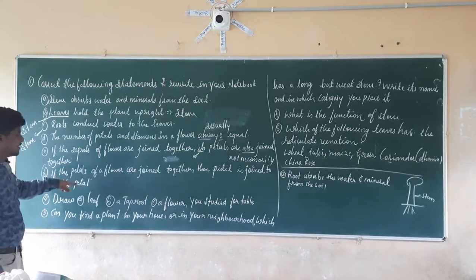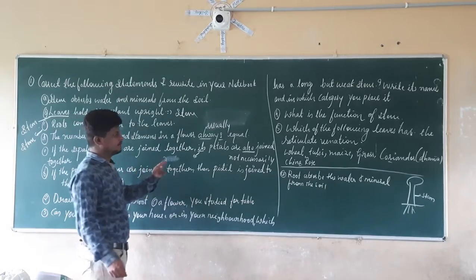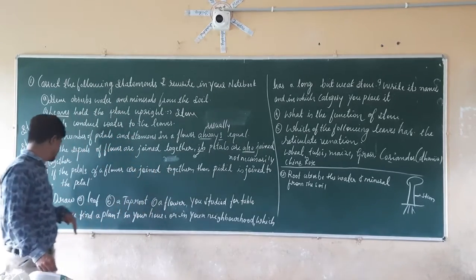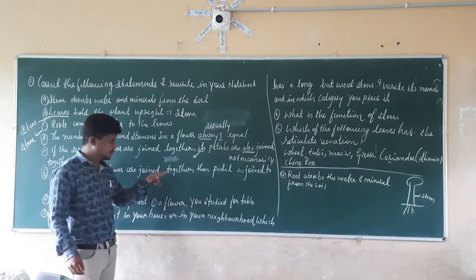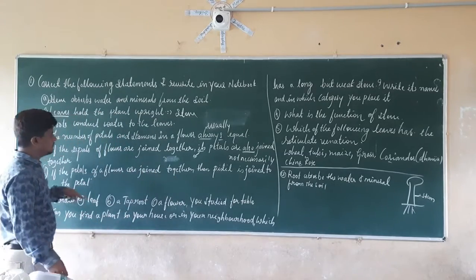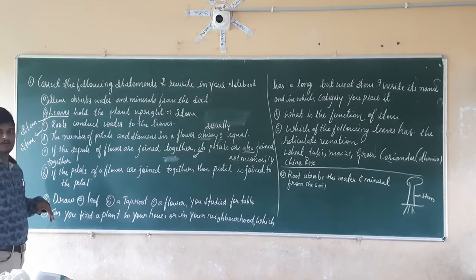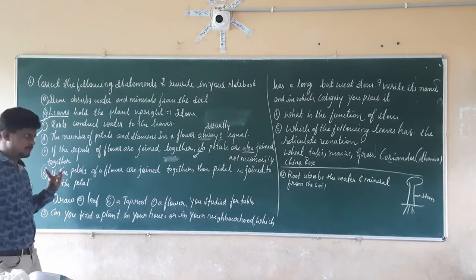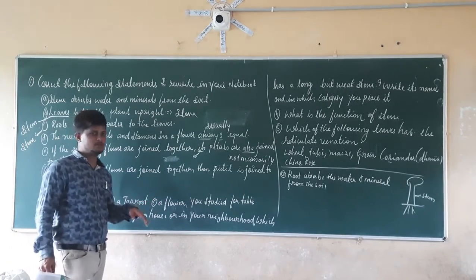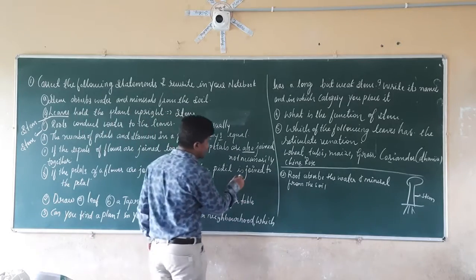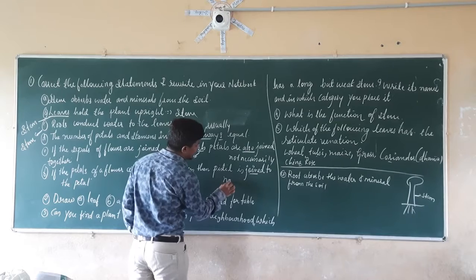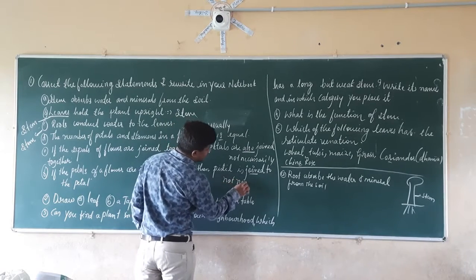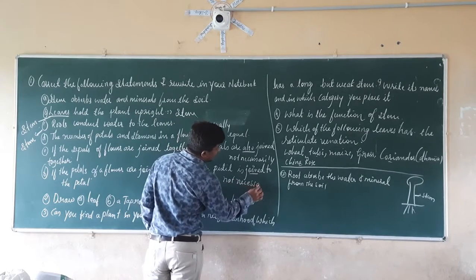If the petals of the flower are joined together, then the pistil is joined to the petal. It may be joined to the petal, it may not be joined to the petal. So here also we are going to take "not necessarily."